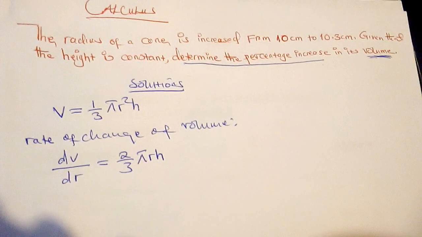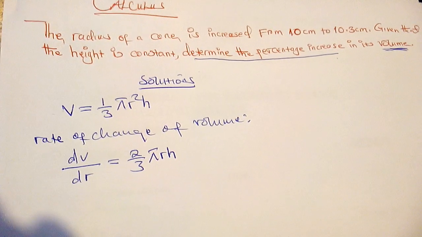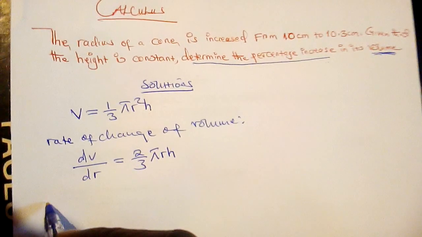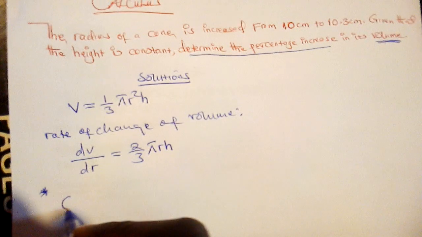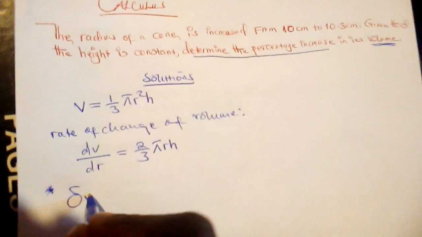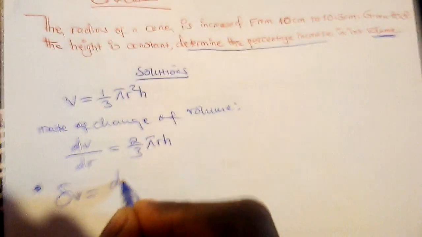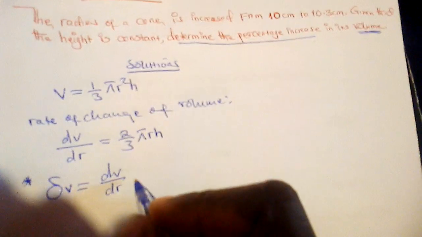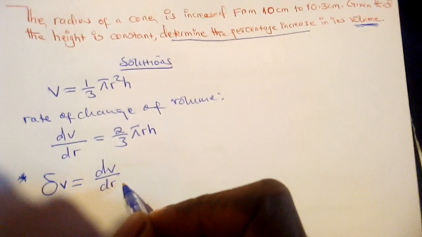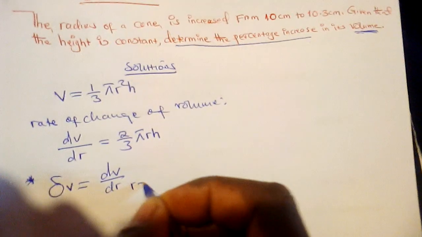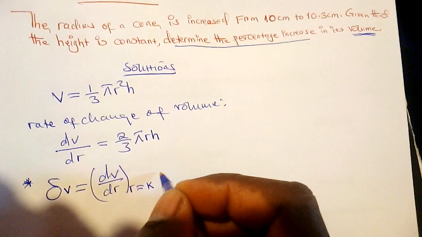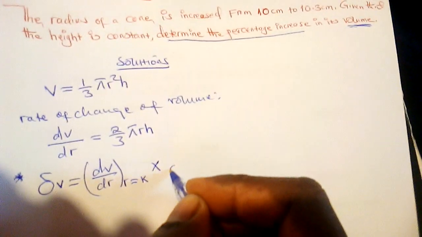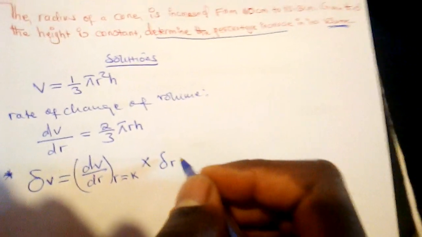We need to find the change in volume. So the formula for change in volume is given by this formula. Change in volume is given by dV/dr, or the rate of change of volume with respect to r, where r is constant, take note, which has to be multiplied by the change in r.